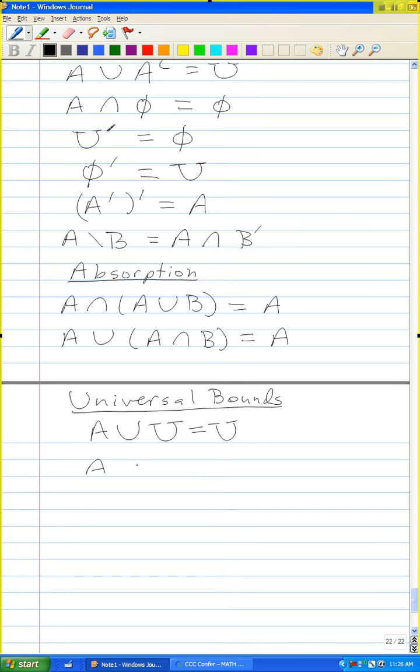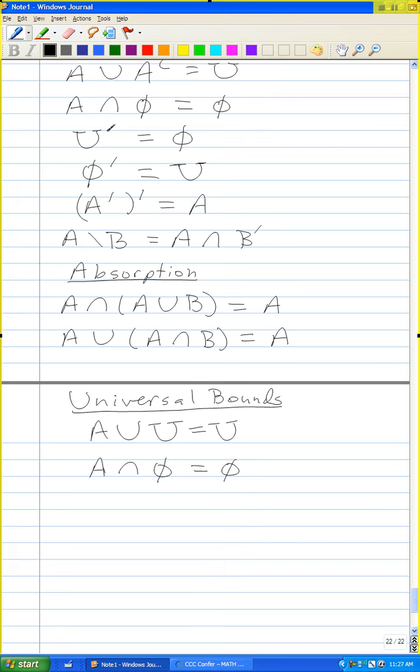If you intersect anything with the empty set, the overlap, of course, is going to be the empty set. And this is actually what we saw in the very last problem that we did.